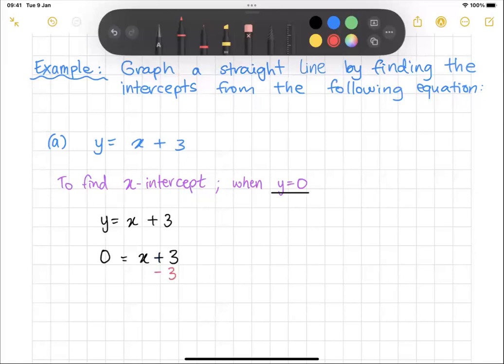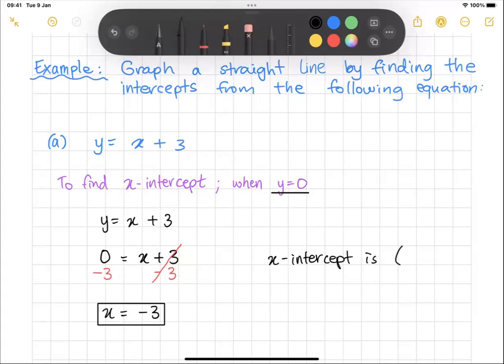I need to get rid of 3 on this side and on the other side because I want x to be the subject. And I will get 0 minus 3 equals x plus 3 minus 3. So x must equal -3 when y is equal to 0. So in this case, my x-intercept, as a coordinate, is (-3, 0).